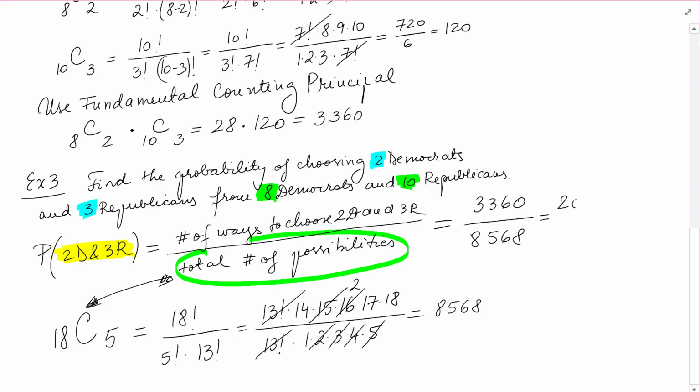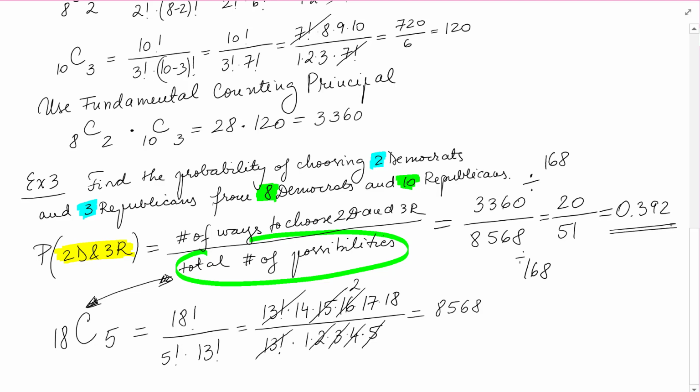The simplest form is 20 over 51, because both numbers can be divided by 168. Dividing by 168, we get 20 over 51, or rounded to 3 decimals, 0.392, and this is the probability.